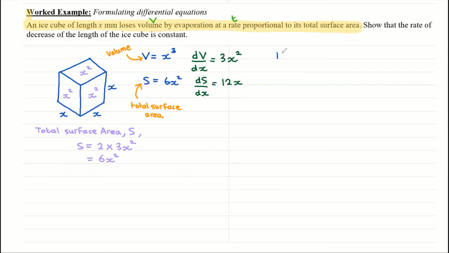So from the question, all that stuff we've deduced is just from the facts about cubes, but from the question we know that dv by dt is proportional to its total surface area. Now we can obviously write that as dv by dt is equal to ks.